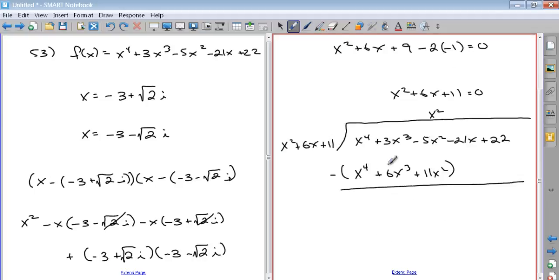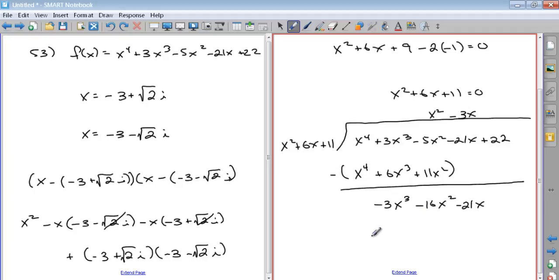So that goes to 0. You have 3 minus 6, which is negative 3x cubed. We have negative 5 minus 11, which is negative 16x squared. We'll bring down the next one, which is negative 21x. Okay, what do we need to multiply x squared by to get negative 3x cubed? Negative 3x.